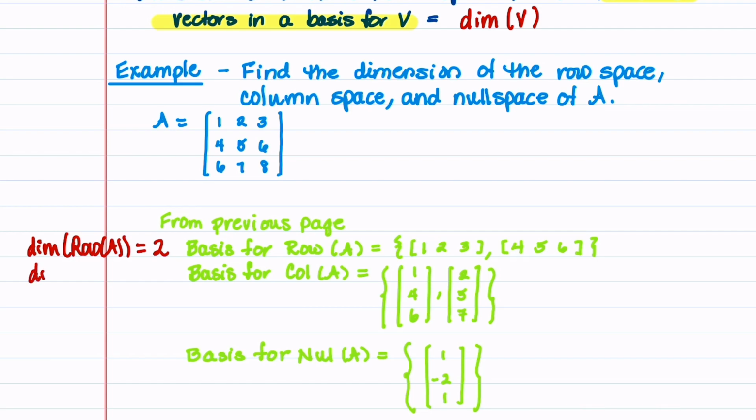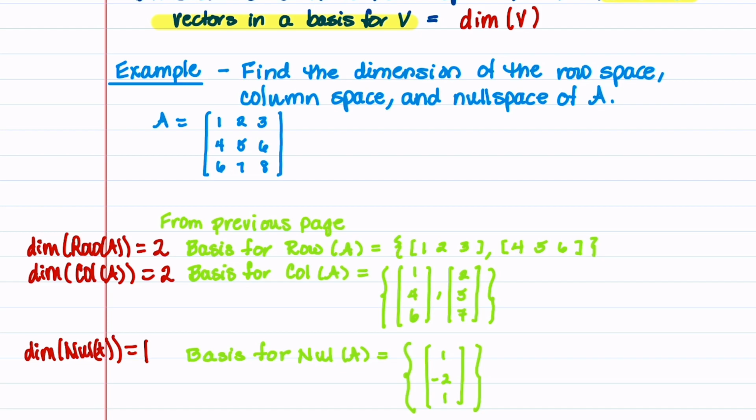We'll say the dimension of the column space of A is equal to 2 because we have 2 vectors in that basis, and then the dimension of the null space of A is equal to 1 because we have 1 vector in that basis.